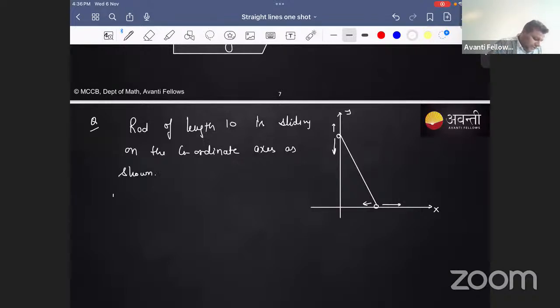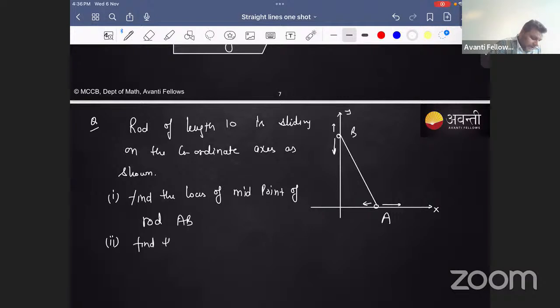Now the first question is, find the locus of the midpoint of, say this is A, this is B, the midpoint of rod AB. Second question, find the locus of the centroid of triangle OAB, where O is the origin. Yes, give it a try. Very amazing question.